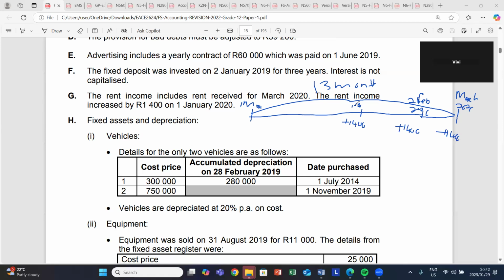And then the other thing that you will do, what will be? What are you going to do? What is the rent income in my trial balance? Okay, let's check. Check your income statement that you wrote and tell me the rent income that you wrote. You have rent income in your book.